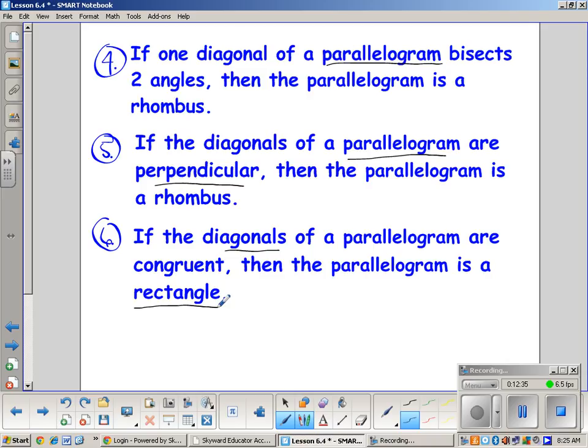And then remember, one of the rules to be a parallelogram was if opposite sides are equal, then it's got to be a parallelogram, right? So in our little construction project, I made sure the opposite sides are the same length, and that meant it had to be a parallelogram. And then if I make sure the diagonals are equal, then that makes it have to be a rectangle. Okay? Any questions on these?